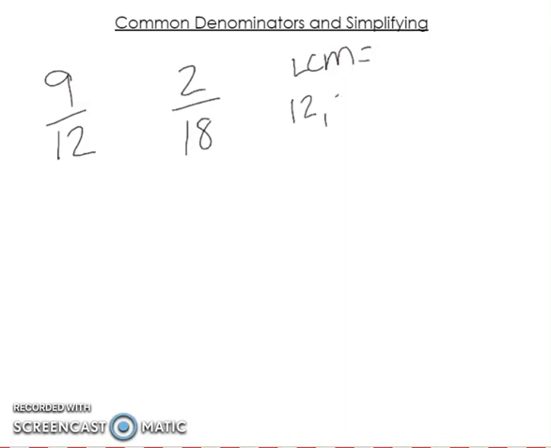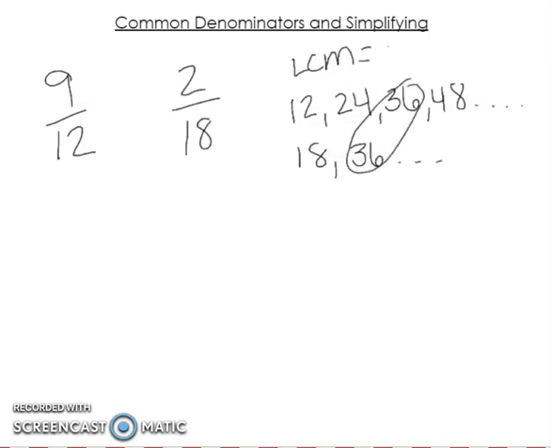So I'm going to count by 12s. And I found it. It'd be 36. Okay, so then I'm going to think, okay, what number times 12 would give me 36? And that would be times 3.